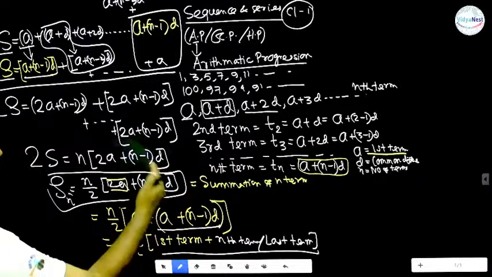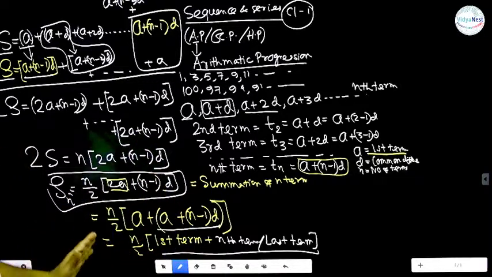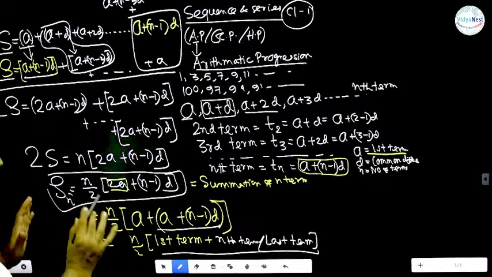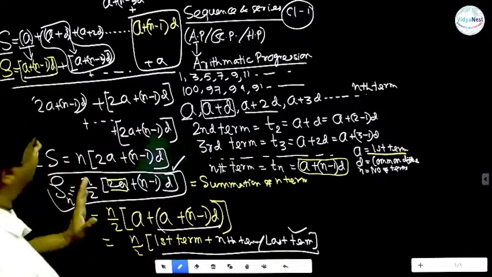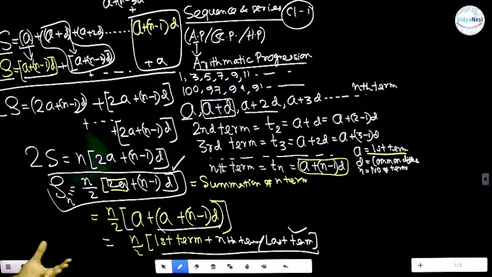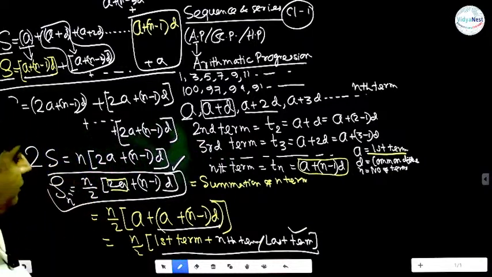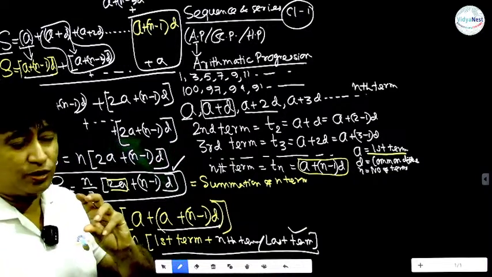So Sn equals n by 2 into first term plus last term. This is the sum of those terms. In this summation, we have two formulas, and according to the requirement we will apply either.